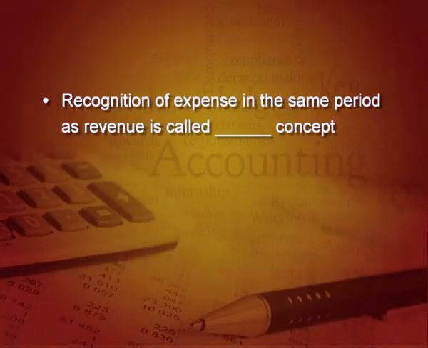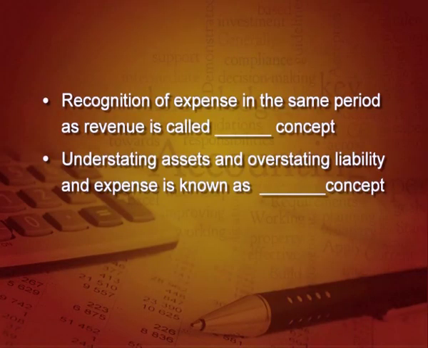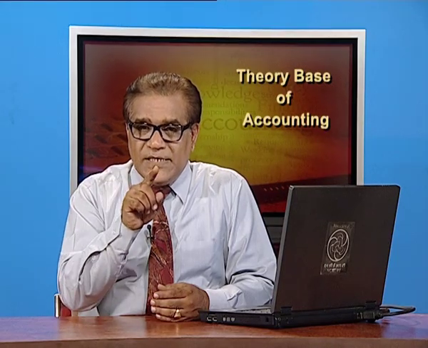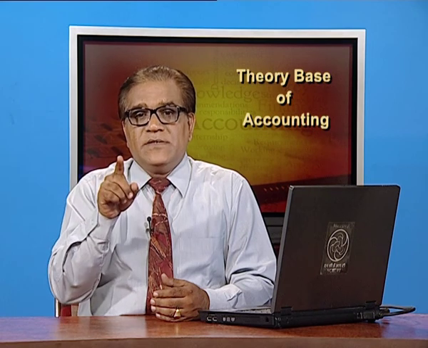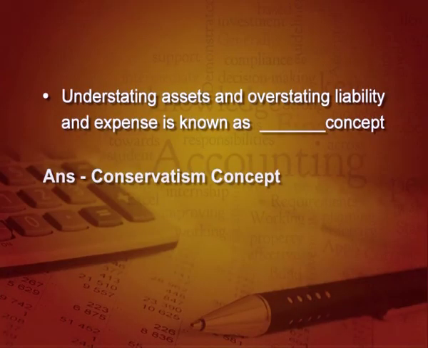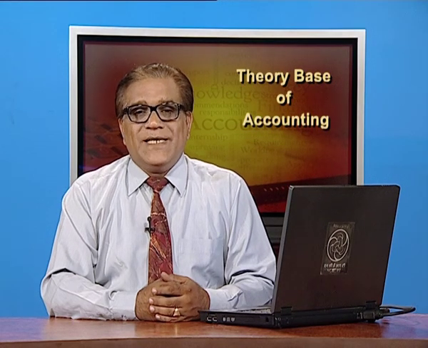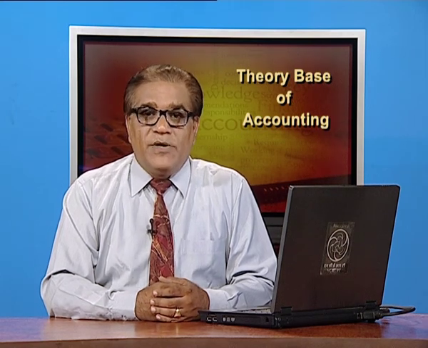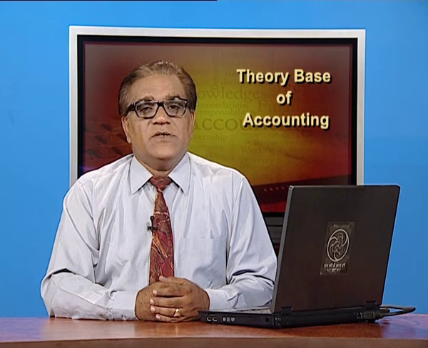Next point, understating the assets and overstating the liability and expenses is known as which concept? Where are you stating the assets at less value and liabilities at more value? Which is that concept? Conservatism, because here we record assets stock at cost or market price, whichever is lower.